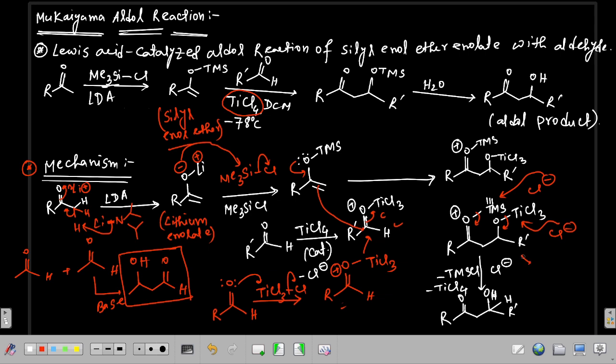It will form R, C, O minus, R dash. Then there will be protonation, leading to the formation of this aldol product. So this is the aldol product.